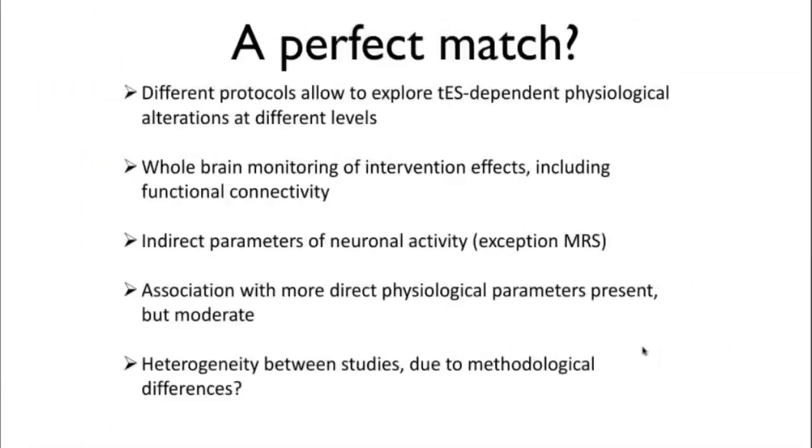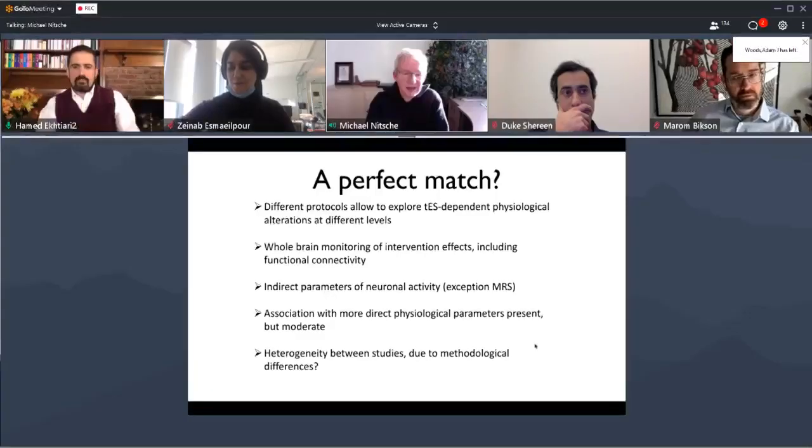So to put things together, different protocols allow us to explore tES-dependent physiological alterations at different levels. Whole brain monitoring of interventional effects is possible, including functional connectivity. With MRI we mostly obtain indirect parameters of neuronal activity, so direct effects on vessels might also contribute.